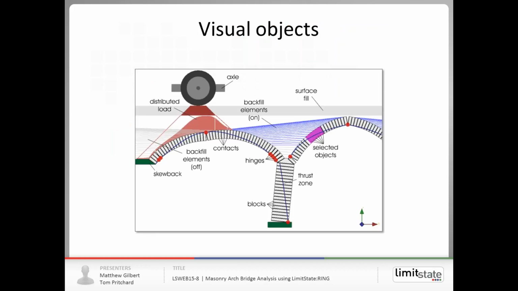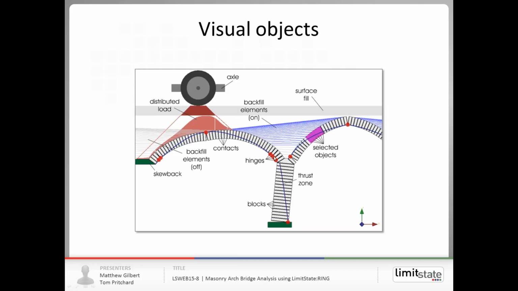And in terms of what you see on screen, we've just got a labeled view here. Additional elements here are the line of thrust, which is shown in blue. It's actually a thrust zone, so when you enter a given compressive strength of masonry, then the thrust zone will visually indicate what thickness of masonry was required to carry that magnitude of thrust.